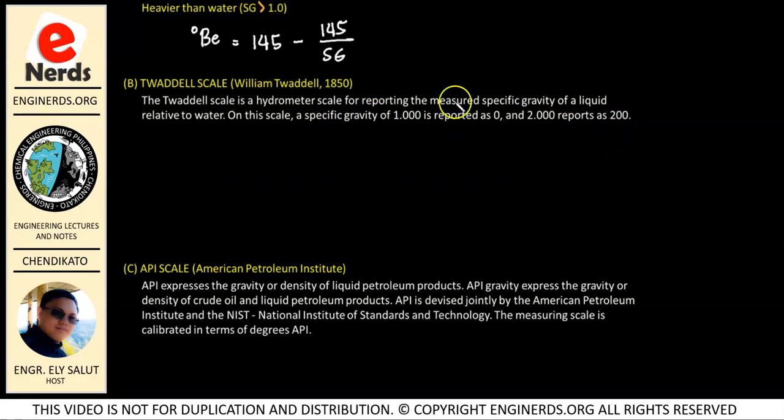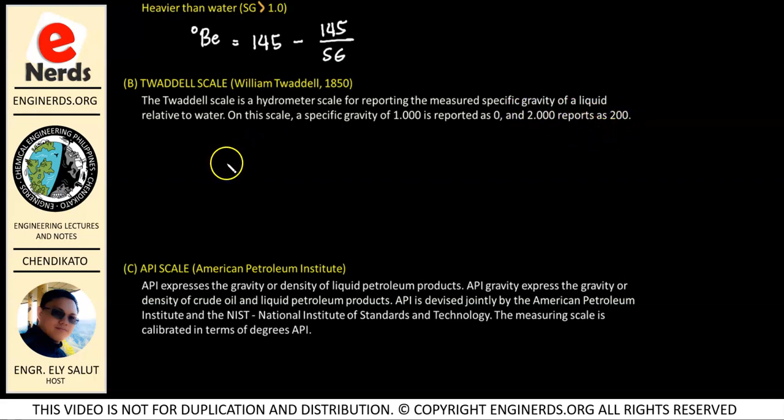So, nagkaroon lang tayo dito ng comparison. Sinasabi rito na kapag ang specific gravity natin is equal to 1, that is reported as 0 degree Twaddell. And if our specific gravity is 2, it is reported as 200 degree Twaddell.